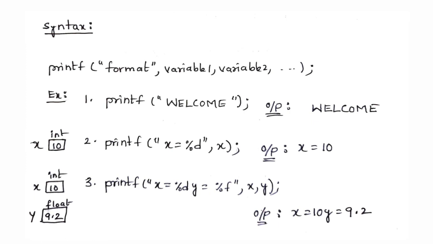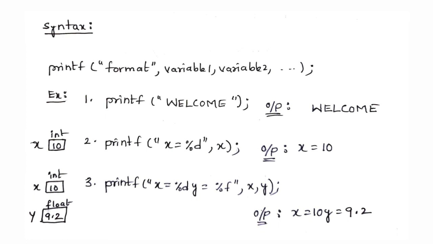Means after the comma, whatever variable I have declared here, it reads the value from that variable. I have declared x here, so the compiler reads the value from x. Here I have saved x is equal to 10. The value 10 is saved in the variable x, that's why the compiler displays x is equal to 10.